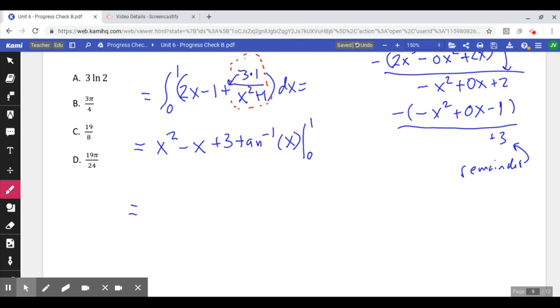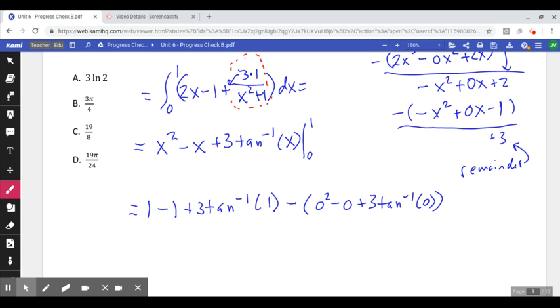So let's see if we can figure out what this is. Let's do the antiderivative evaluated at the upper limit first. So that's 1 squared minus 1, plus 3 times the inverse tangent of 1, minus the entire antiderivative evaluated at 0, which is 0 squared minus 0 plus 3 times the inverse tangent of 0.